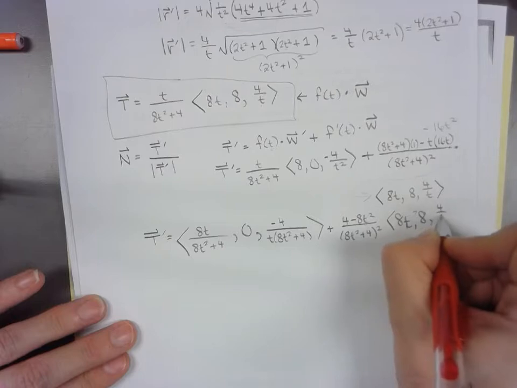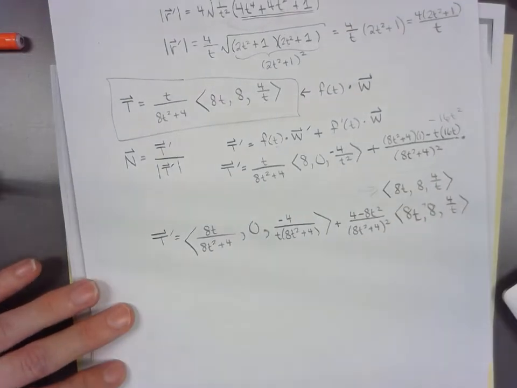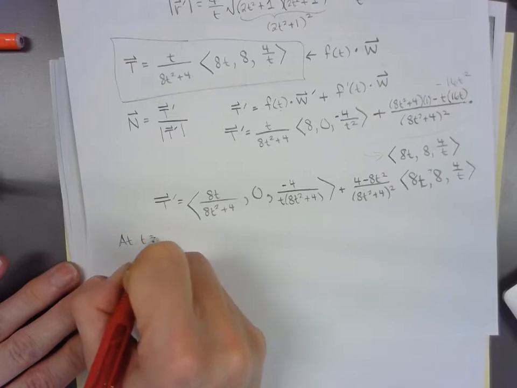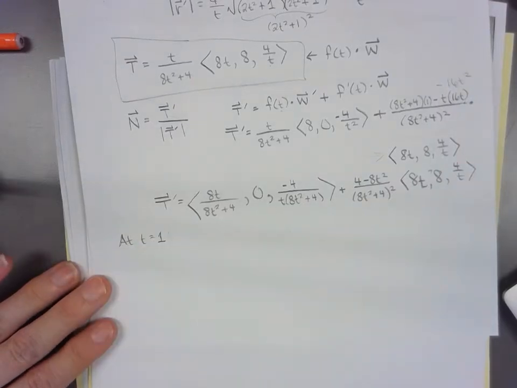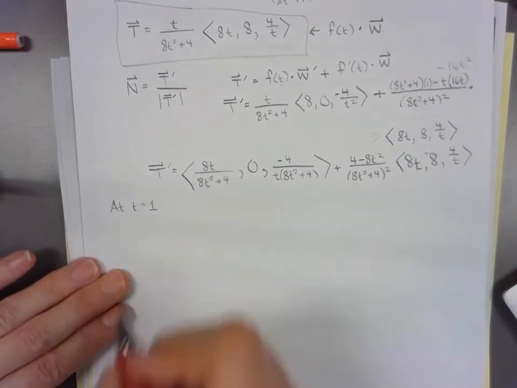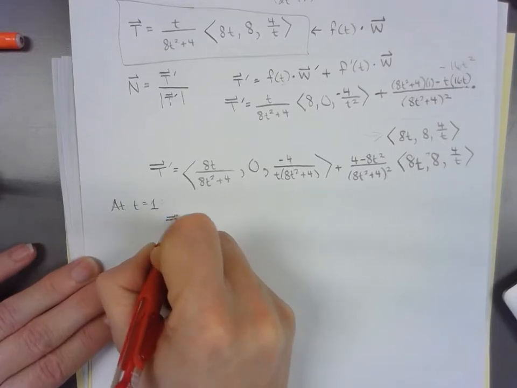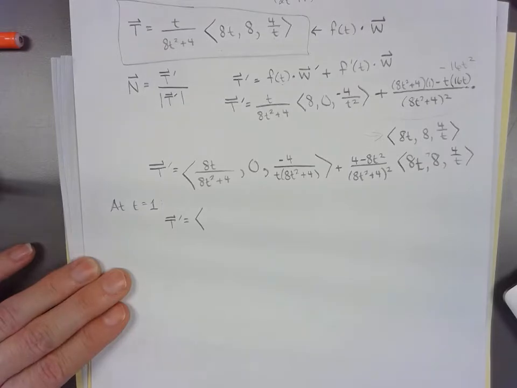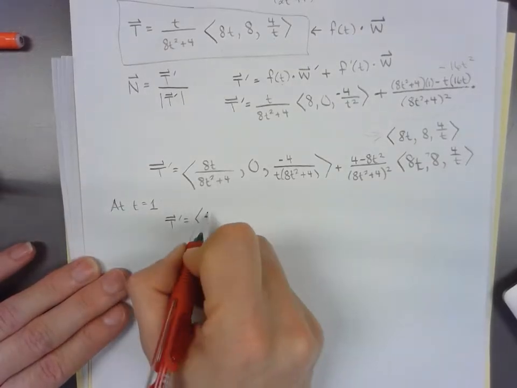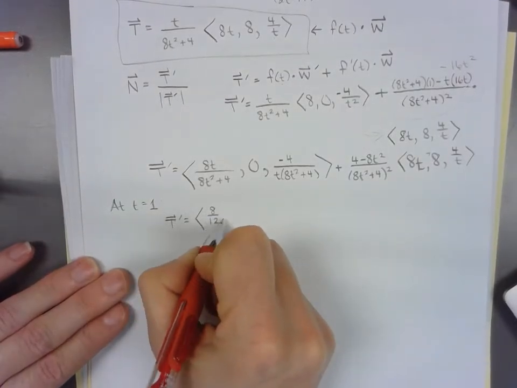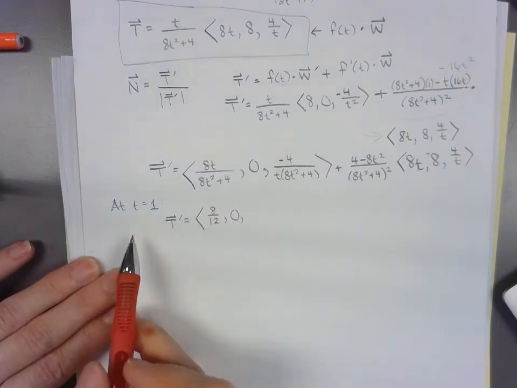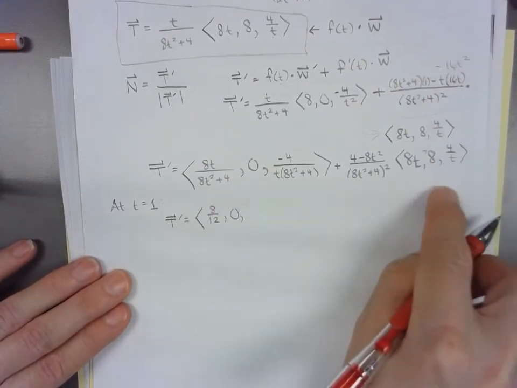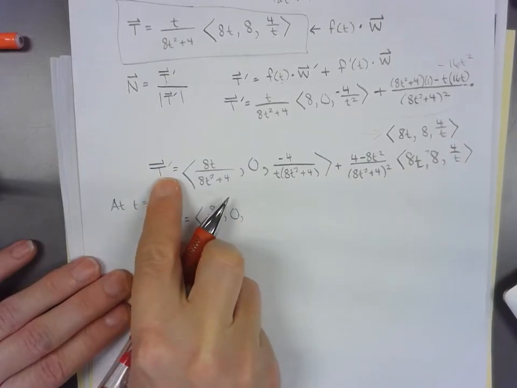So let's say I had done it at t equals 1, at little t equals 1. So then T prime would be 8 over 12. I just made it up. Yeah, because this is really, really hard to simplify, and then we're supposed to take the magnitude. That's going to be horrible, right?